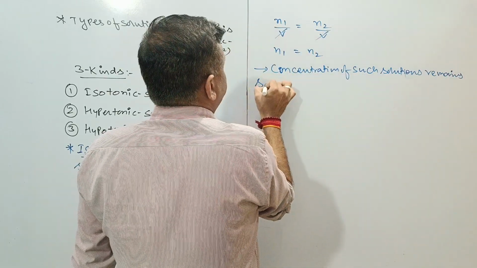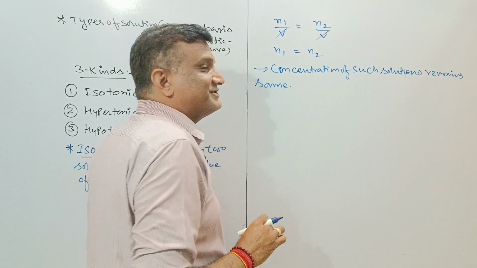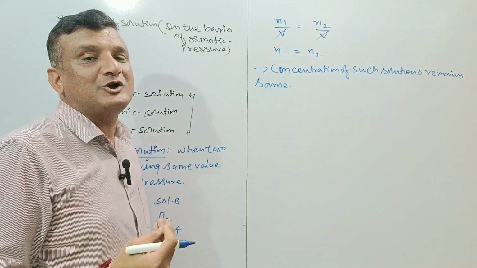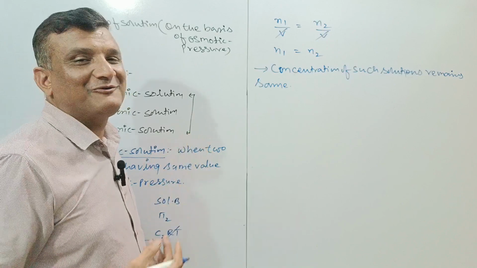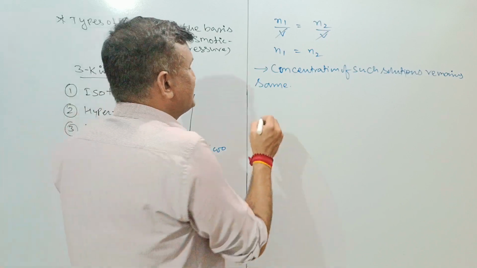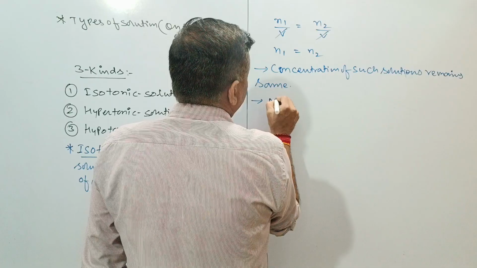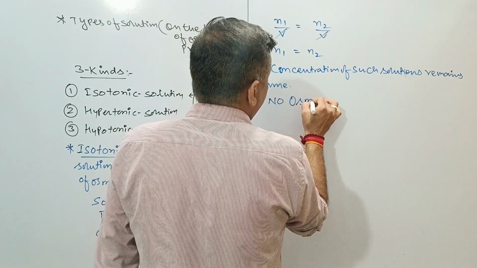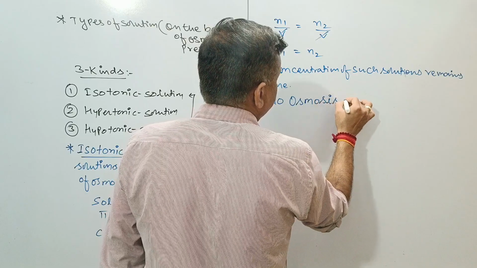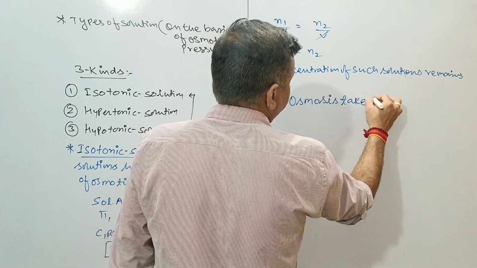The concentration of this type of solution will be the same. And we have discussed that osmosis goes from low concentration to high concentration; here the concentration is the same, so we can say that no osmosis takes place.